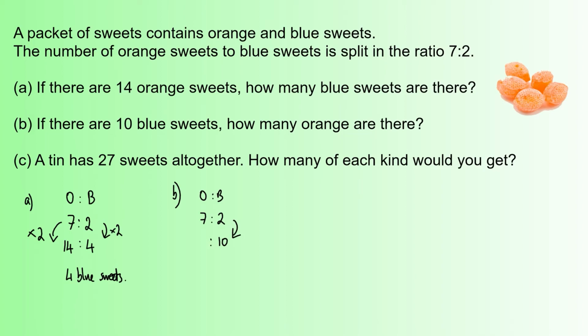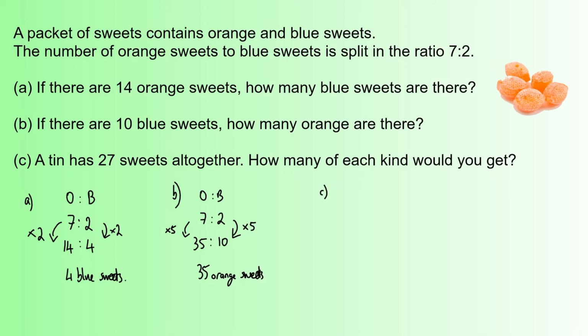You've got to make sure you put the number in the appropriate column. If it's orange sweets, it goes in the orange column. Blue sweets go in the blue column. And we're looking to see how many 2s make 10. 5 groups of 2 makes 10, so we're multiplying by 5. We've got to keep that ratio balanced. 7 times 5 is 35. The question was how many orange sweets are there? 35 orange sweets.